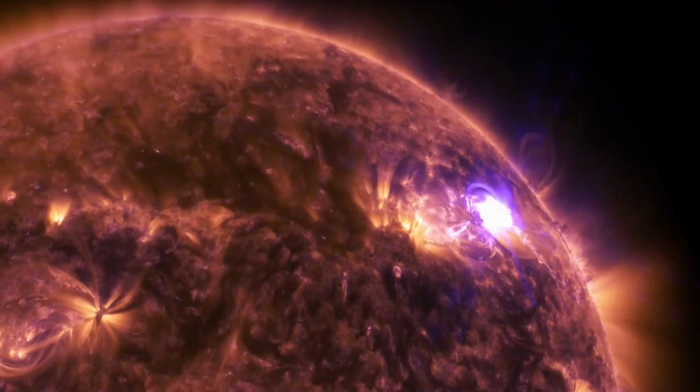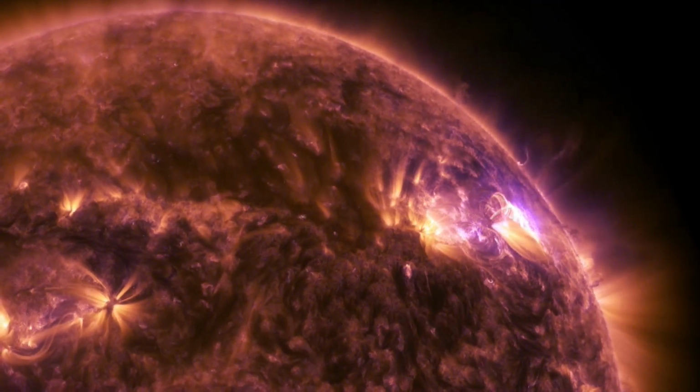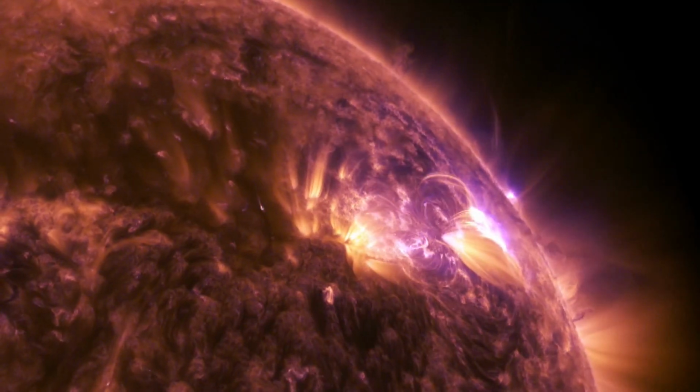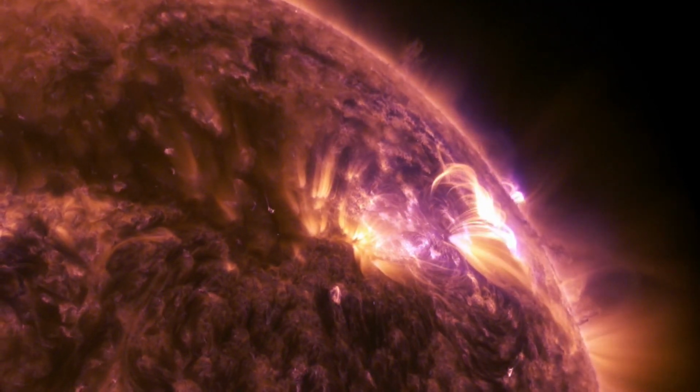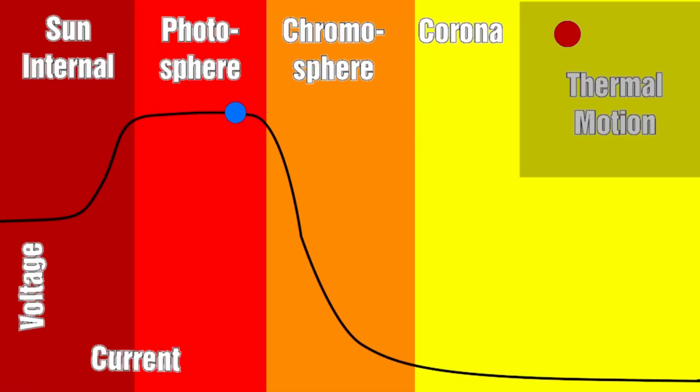Random collisions may give them enough energy to move up from the surface of the photosphere towards the chromosphere. If that happens, they will experience an acceleration due to the electric field and will gain velocity and acceleration. This will cause the random side-to-side motions that they had experienced before to decrease, effectively dethermalizing them, causing their temperature to drop.